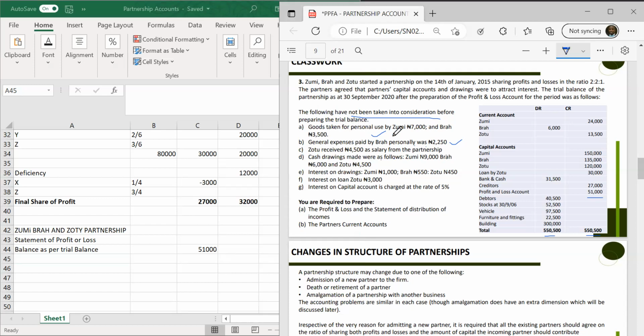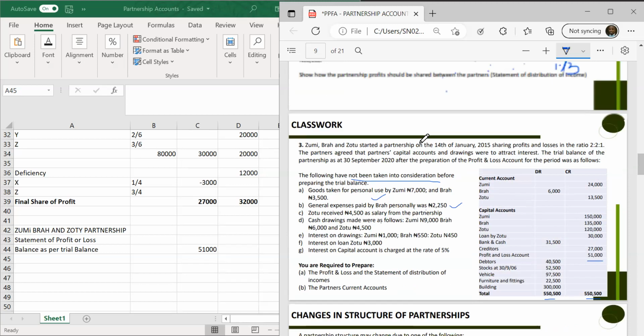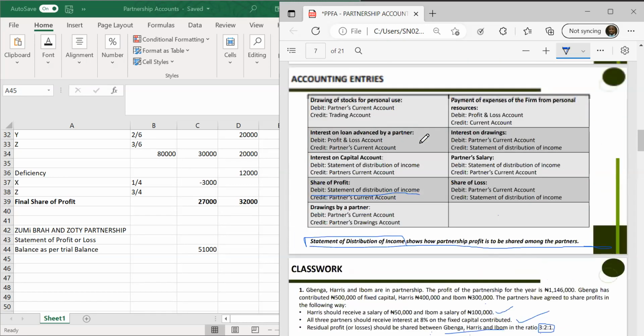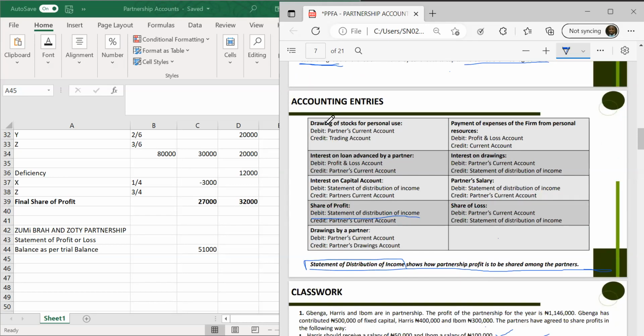So usually, let's look through them. Who's taking goods for personal use? Zumi took 7,000 and Bra took 3,500. You remember when we looked at this? Goods, drawing of stock for personal use: you debit the partner's current account and you credit the trading account.